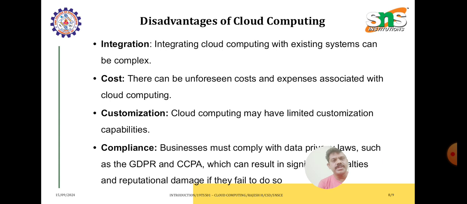Customization also sometimes leads to inconvenience to the network, so limited customization is highly preferred. And compliance: if cloud computing violates any rules over the internet, like GDPR or CCPA policies, that will create reputational damage when compliance is not properly faced.